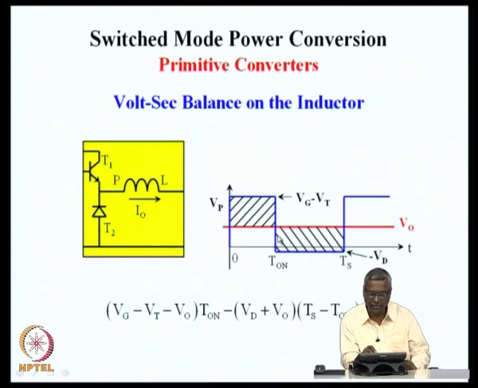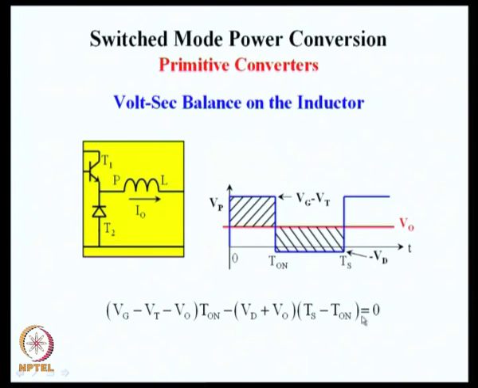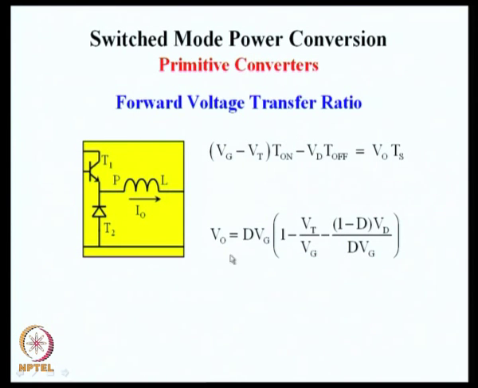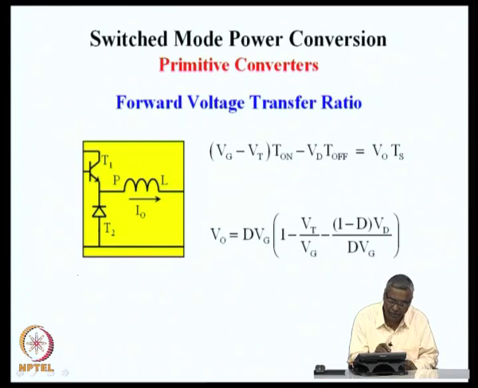Similarly, during the off period, minus Vd minus V naught multiplied by the off period, and if the total volt second is equated to 0, then we get a ratio of this output voltage as d times Vg, which is the same as the original ideal condition.